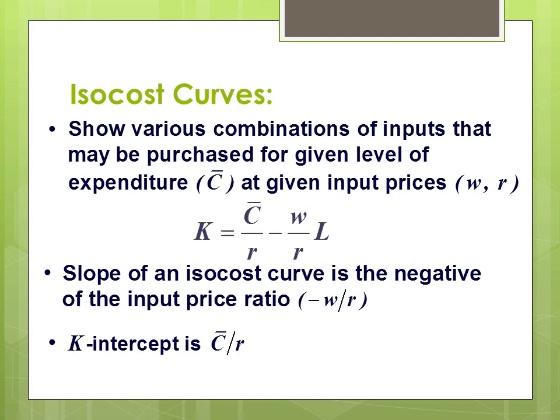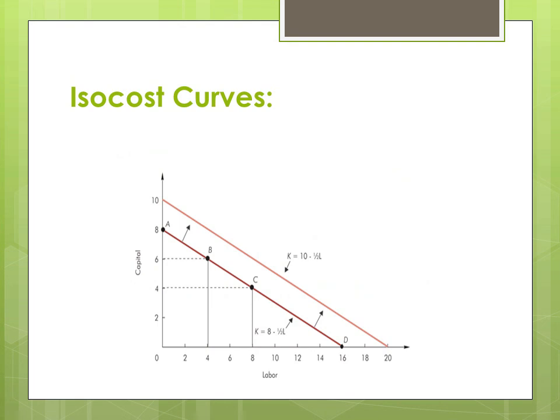So the K intercept is C bar over r, minus w over r shows the slope, and C over r is the intercept of K.